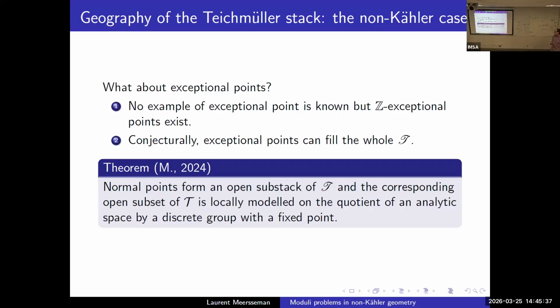So we have this dichotomy at least at the level of the Z Teichmüller stack: the Z Teichmüller stack of a non-Kähler manifold is different. Why?